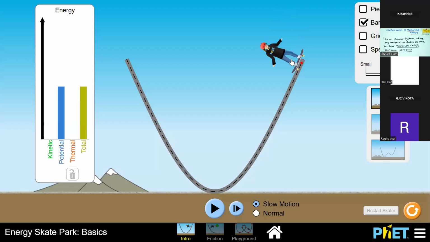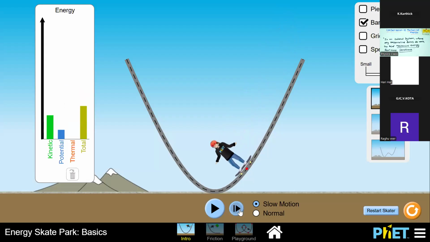Okay, right. Now, as they go down into the dip, what happens? Observe the potential energy graph and the kinetic energy graph.